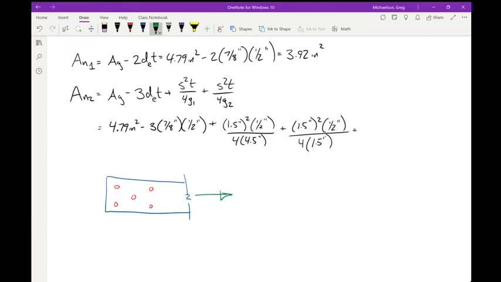Whenever you're yanking on it, the S values are parallel to the load, and the G values are perpendicular to the load. So if you had a tension member like this, and you were yanking on it, then this would be S, and that would be G. Yeah, that's a fair question.